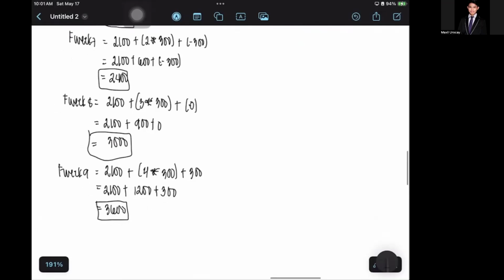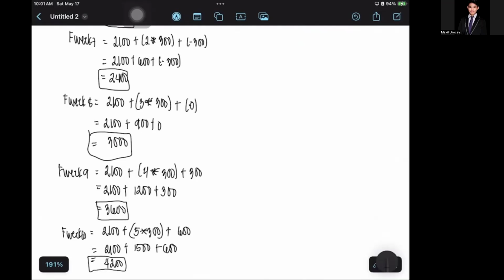So for week 10, 2,100 plus 5 times 300 plus the seasonality, oh, not 300, it's already 600. So 2,100 plus 1,500 plus 600 will equate to 4,200. So this will be the answer for the forecast of week 6 up until week 10.